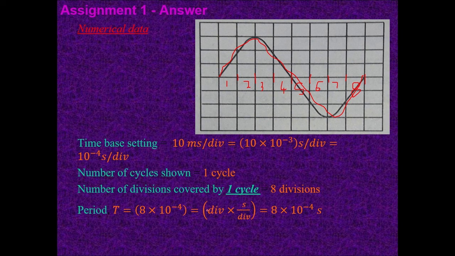If I do something known as dimensional analysis, I believe in the document there's something I have explained about it. Notice that division and division cancel out. This is just to ensure that you have the right formula that you created, because this is a formula that you will not get in books. You have to know how to derive them. So division and division cancel out to remain with seconds. It will remain as 8 by 10 power negative 4 seconds. That gives us the period.